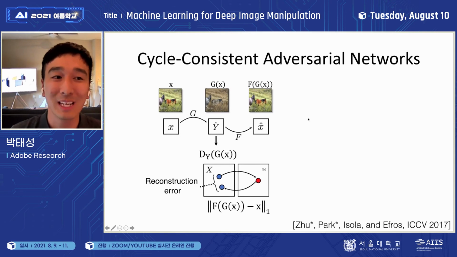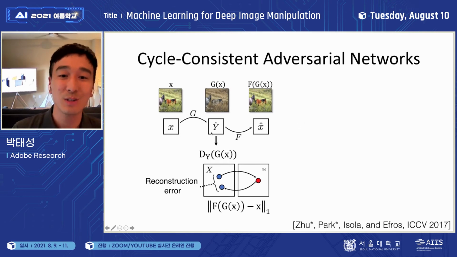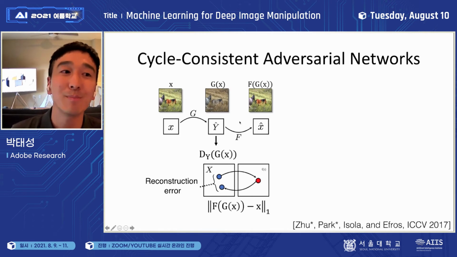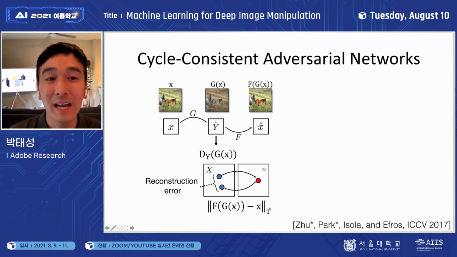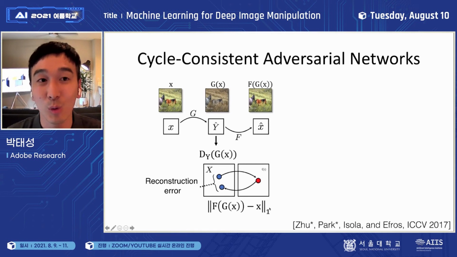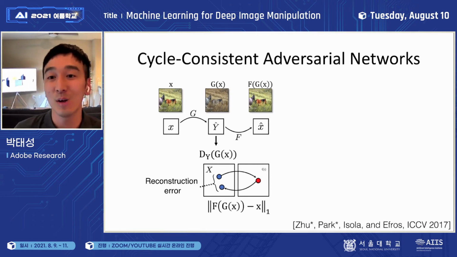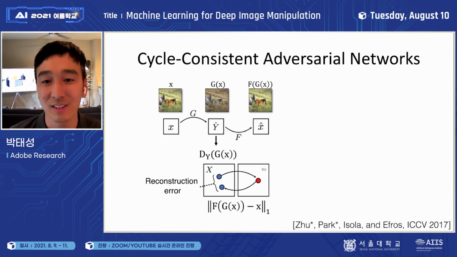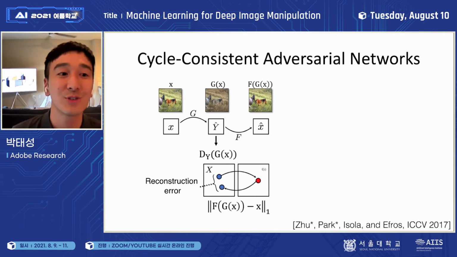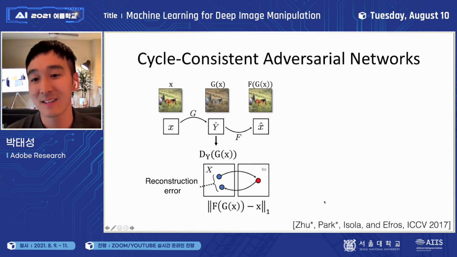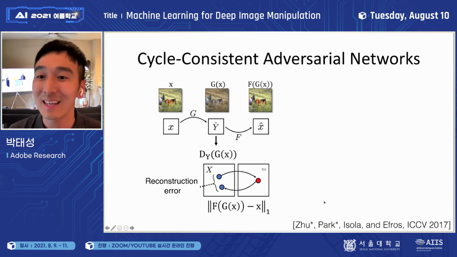So another loss that we can enforce during training is because we have this forward and backward generator networks, we can begin from the zebra image and then generate a realistic looking horse and then come back to zebra and enforce that this zebra is also back translated to the original zebra. And that is true. We're also using that loss. I was just not showing that loss in the slides just for the sake of simplicity. Thank you.